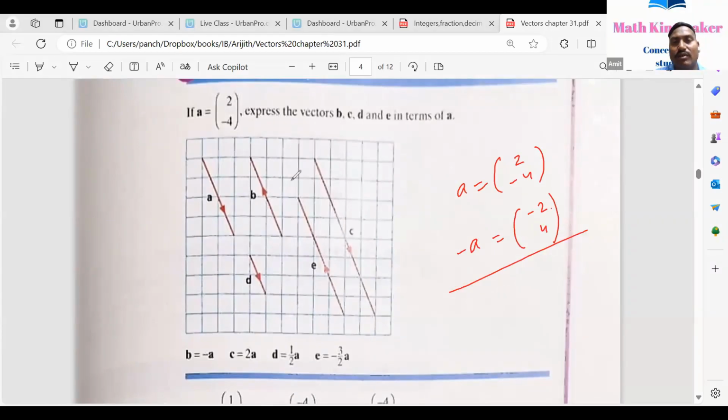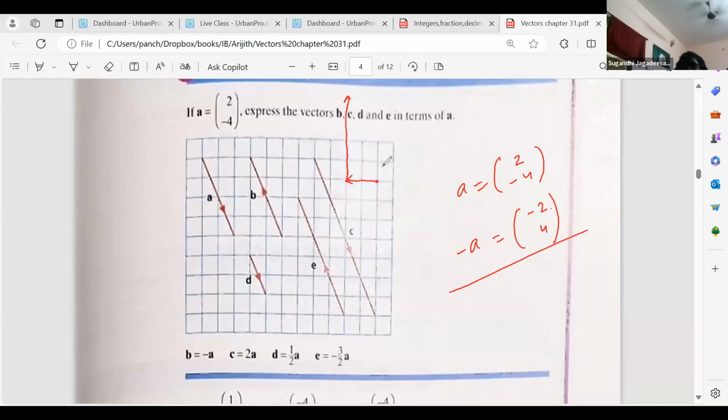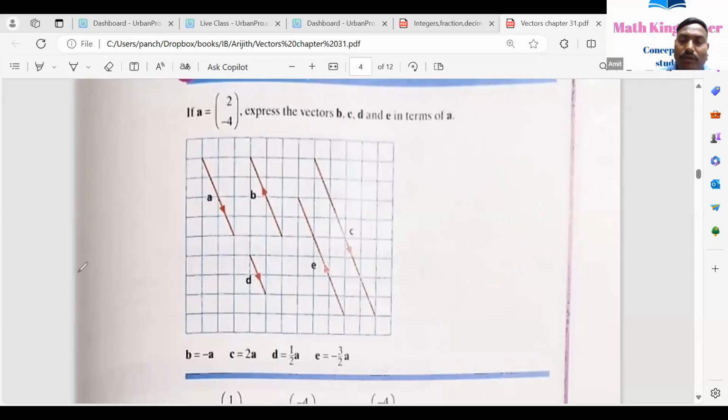So on the x-axis, you have to go -2. Suppose you are starting from here, you go -2, and then you go +4. +4 is somewhere here. So this will be your vector, that is -a. Getting it? Like this, you have to do it.